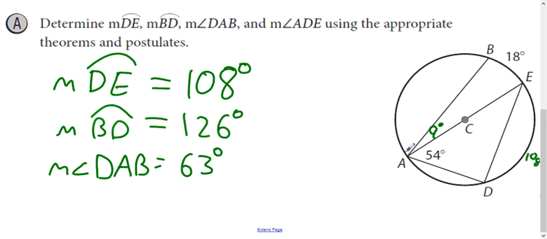And then ADE, this angle. So that is an inscribed angle. It's two chords, vertex is on the circle, so it's going to be half the arc. So look at the arc.